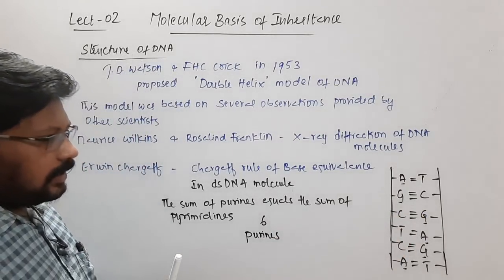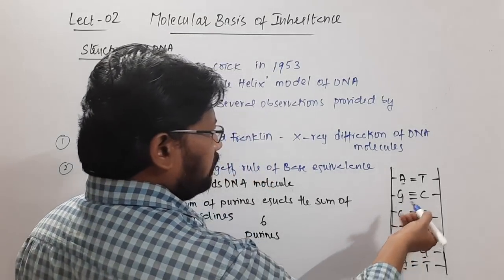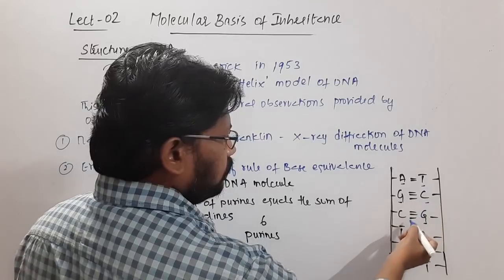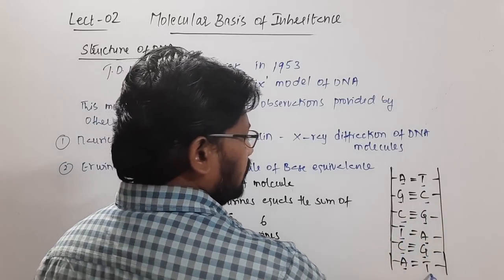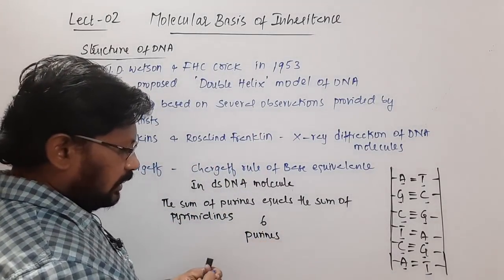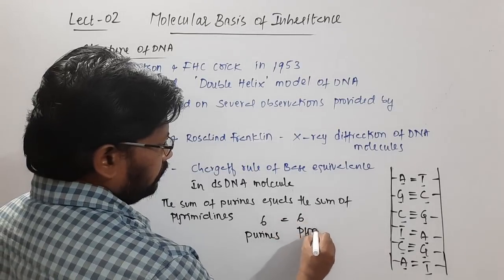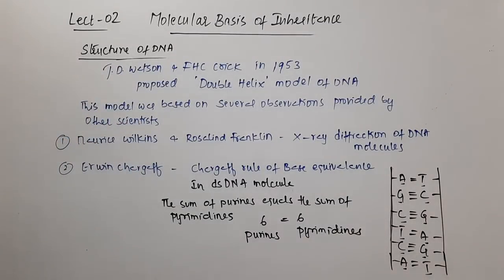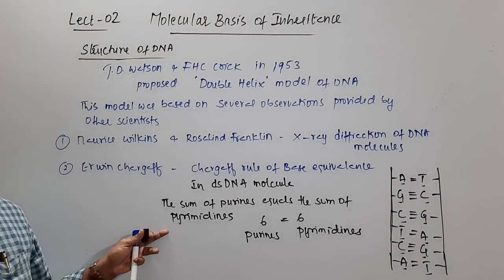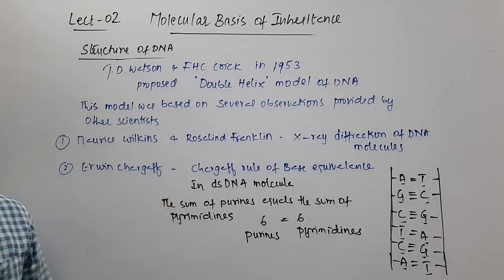Now next, see about the pyrimidines. Here we have the pyrimidines 1, 2, 3, 4, 5 and this is 6. So you can see in this case there are 6 pyrimidines. That's what Chargaff told, that the sum of purines will equal the sum of pyrimidines in a double-stranded DNA molecule.